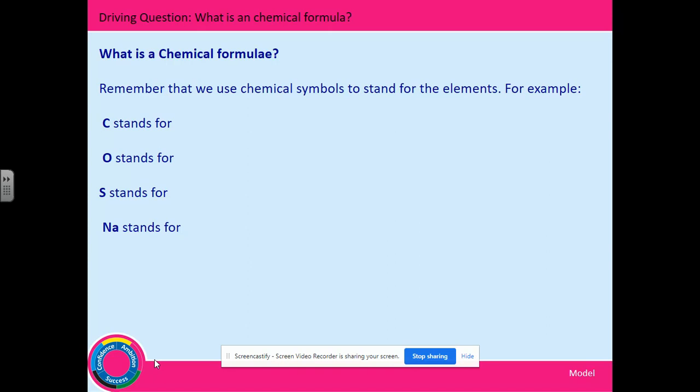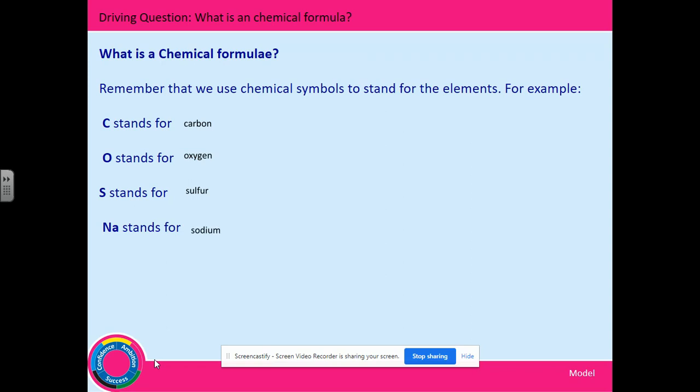Remember that we use chemical symbols to stand for elements. For example, C stands for carbon, O stands for oxygen, S stands for sulfur, and Na stands for sodium.